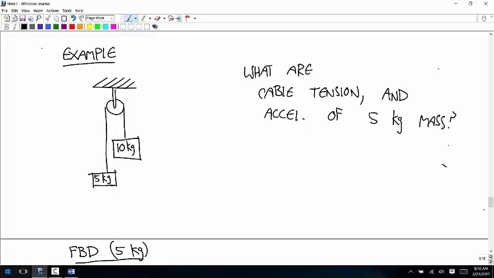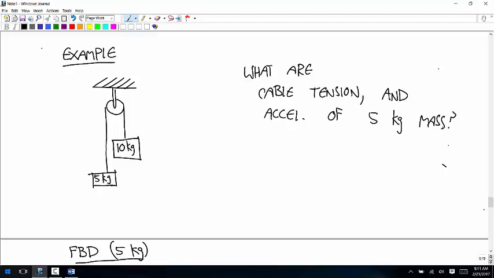What happens if you move the 10 kilogram box down an inch? What happens to the 5 kilogram box? Goes up an inch, right? And so what happens if this is moving in the negative direction at 5 meters per second? What's the velocity of this? Positive 5 meters per second. And so if this has a downward acceleration of 1 meter per second squared, what's the acceleration of this? If this is down at 1 meter per second squared, this is up at 1 meter per second squared.